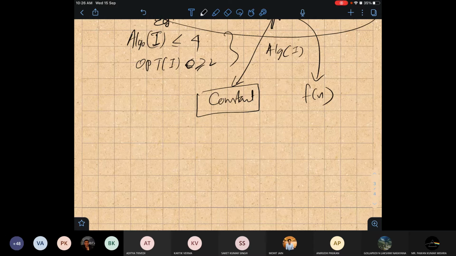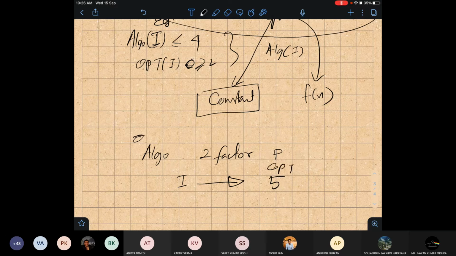So now I will give an example. Suppose I ensure you that my algorithm is a two-factor algorithm I have designed for a problem P. Now if I give an instance I, suppose this instance I has an optimal output of 5. Then what can you say about the algorithm we have designed?